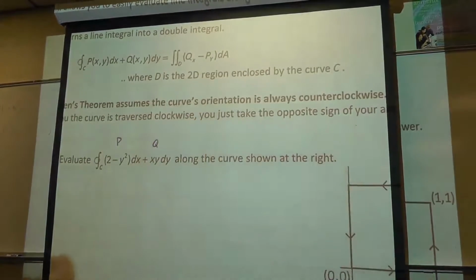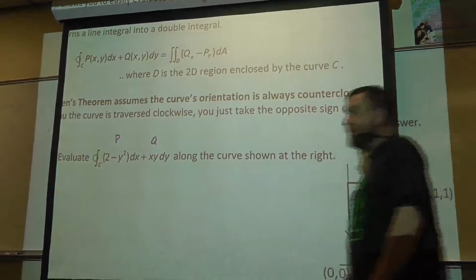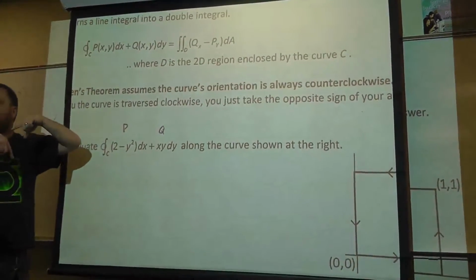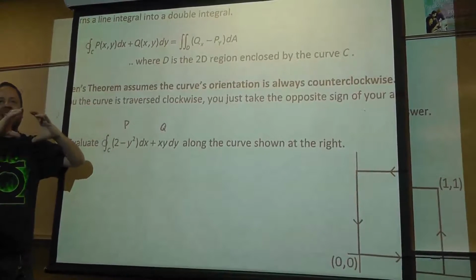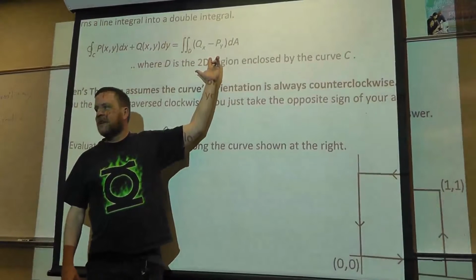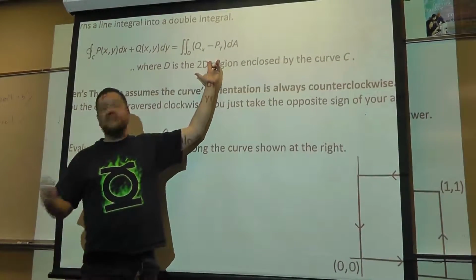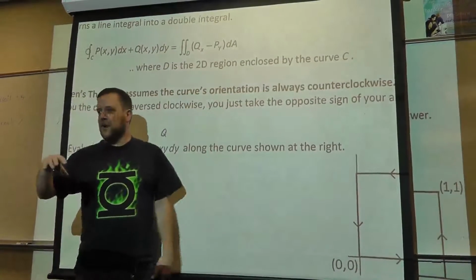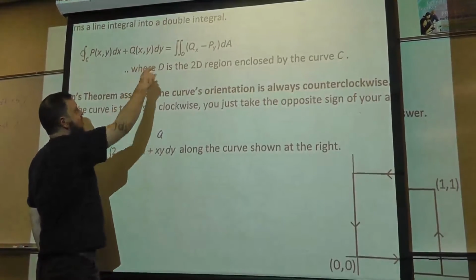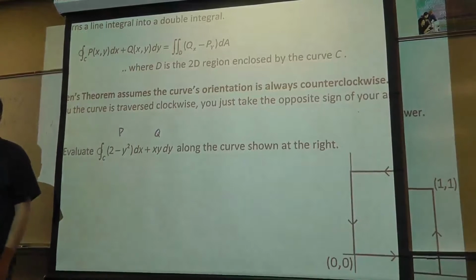In order to use Green's theorem correctly, where C represents the curve that wraps around some domain or region D in the plane, you can turn this into this double integral. The integrand of your double integral comes from taking Q's partial with respect to x and subtracting P's partial with respect to y.